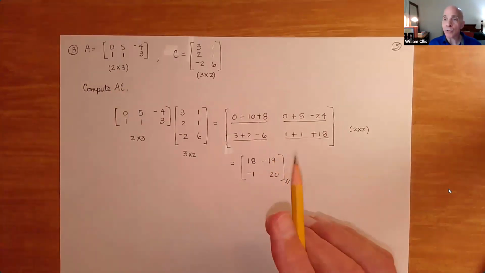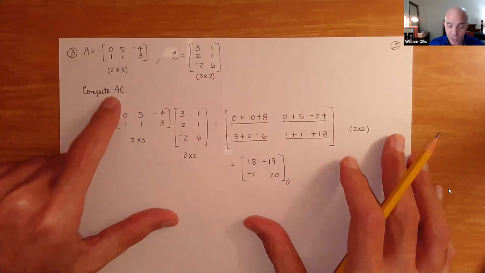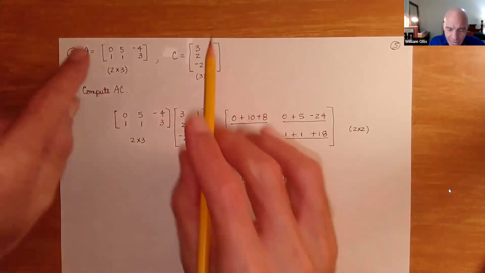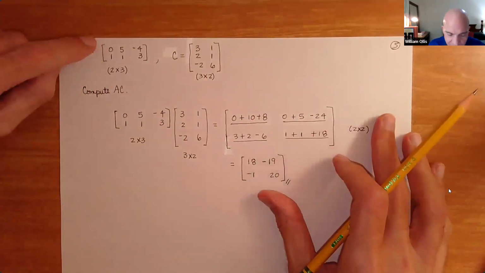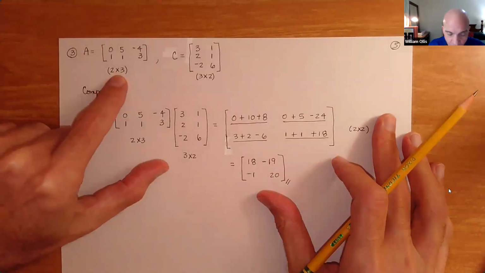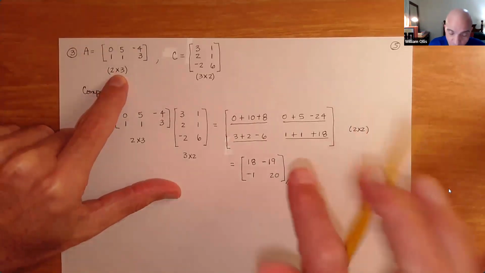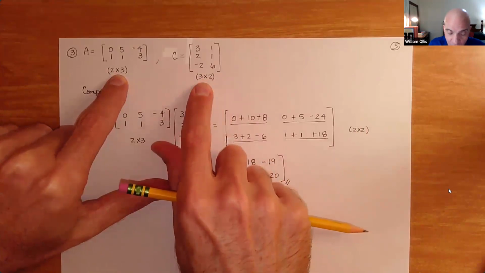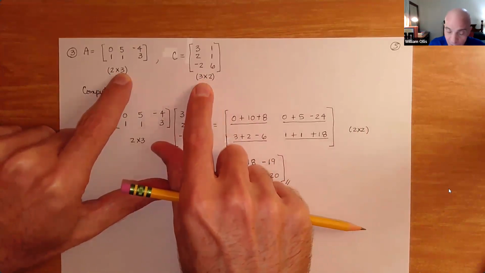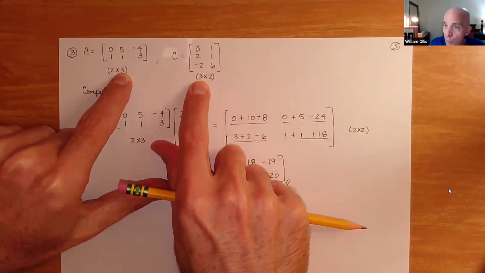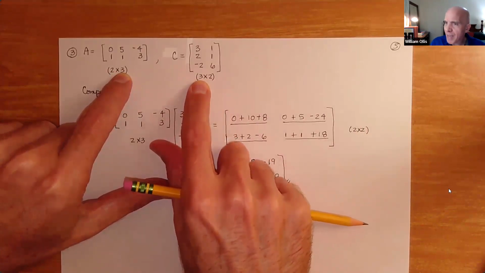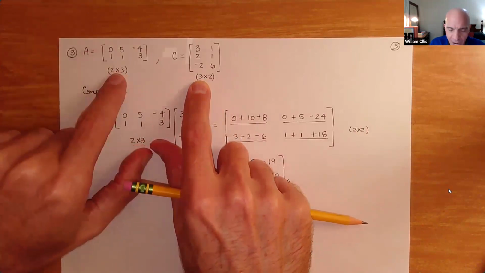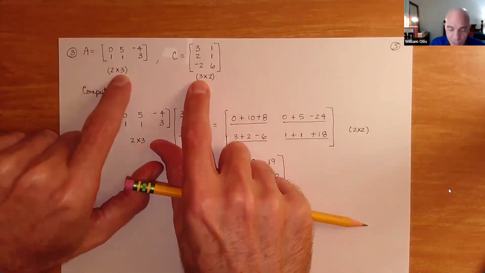Now, what is the rule? That means in this particular case, we have to be able to do the finger exercise, so to speak. When we write down the size of A and the size of C, we see that the number of columns of A must equal the number of rows of C. So you simply write down the actual sizes.